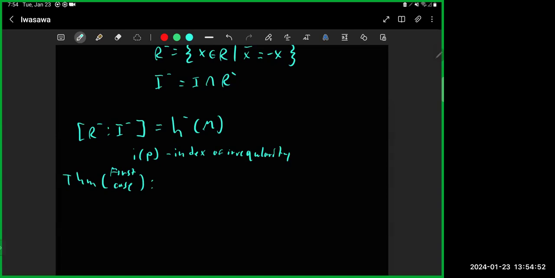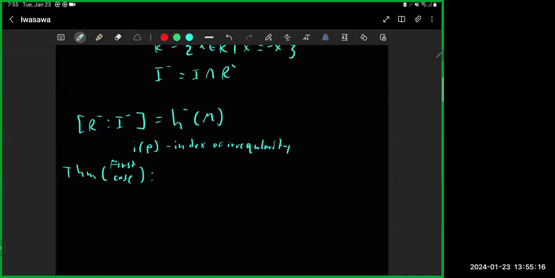Okay, yeah. So the index of irregularity is a number that tells us how far from being a regular prime number p is.